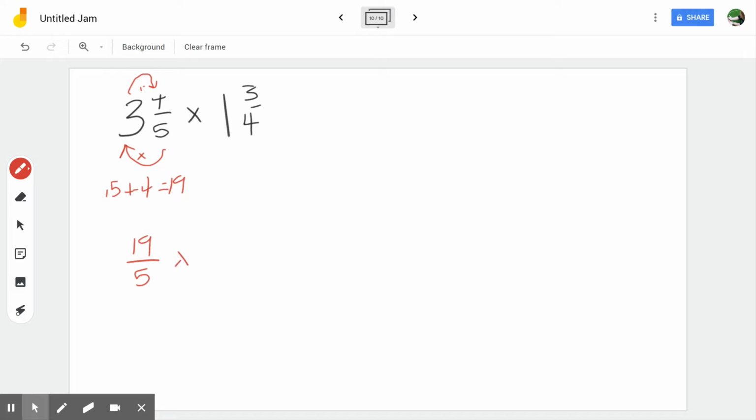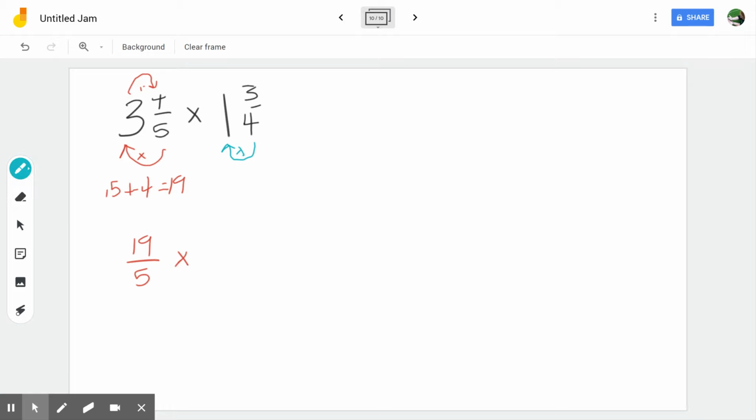We're going to keep our multiplication sign. And now we're going to do 1 3/4. The very first thing we do is multiply. 4 times 1 is 4. That's a terrible 4, I'm sorry. Apparently I can't write today.